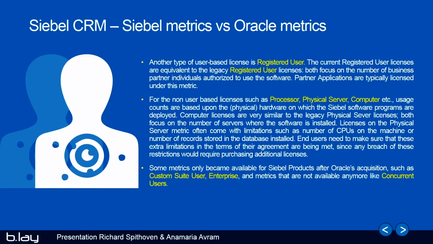We also now can have some metrics that became available for Siebel products only after Oracle acquired Siebel, such as custom suite user and enterprise, but also metrics that are not available anymore, like concurrent users, which migrated to processor. And we are going to talk about this migration later on during our presentation.